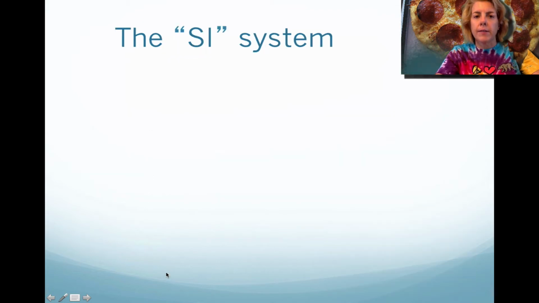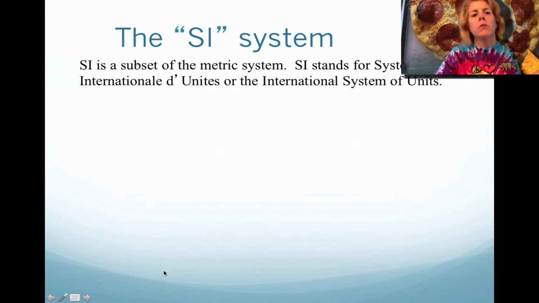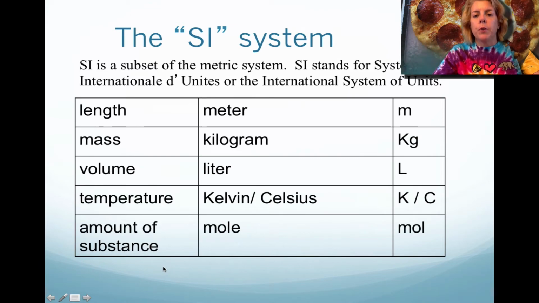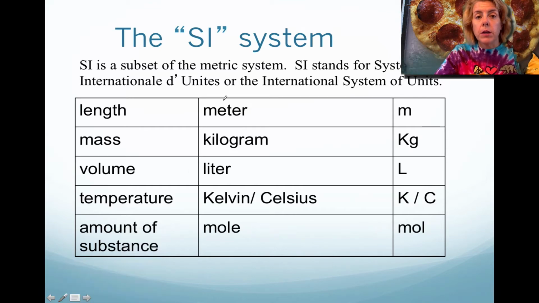Okay, the SI system. The SI system is short for System International. I'm sorry, I'm not a French speaker, but they were the ones that originated the system. And it's good for you to know the following. Notice that when we're talking about length, its base unit is the meter, with a lowercase m. Mass, we're talking about kilogram.